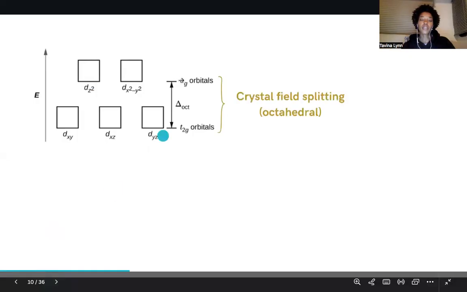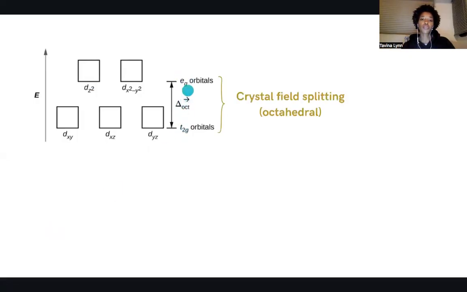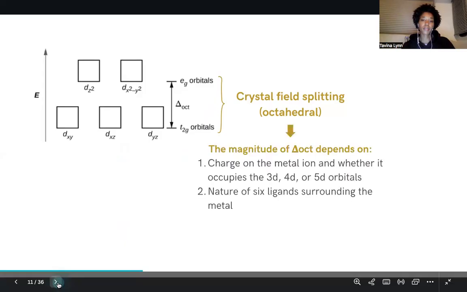And this difference between where these two groups of orbitals are is called crystal field splitting, and the subscript oct is short for octahedral. So this is the crystal field splitting for octahedral complexes.